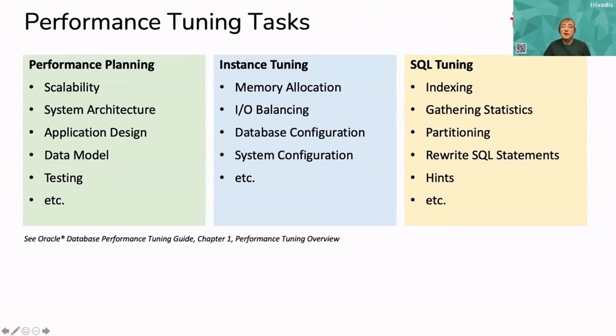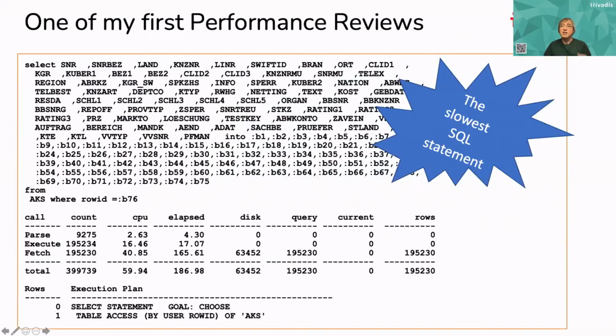And why this is important, I can show you in this example. That was one of my first performance reviews I did more than 20 years ago. Together with a colleague of Trivadis, we were at the customer place. So this was a small company, and they developed an application.